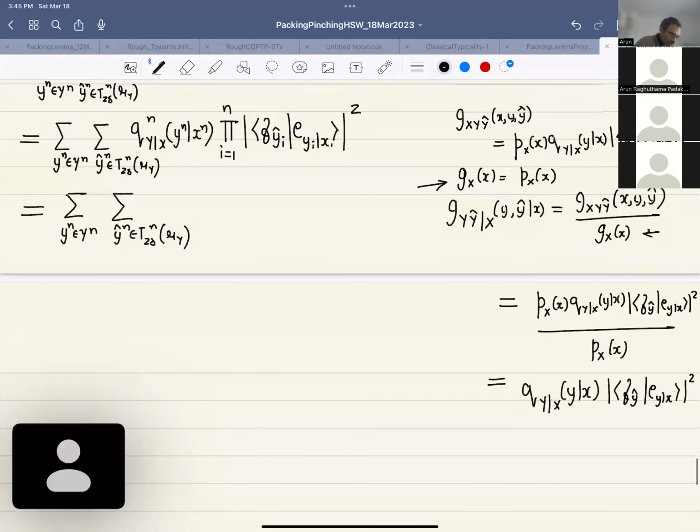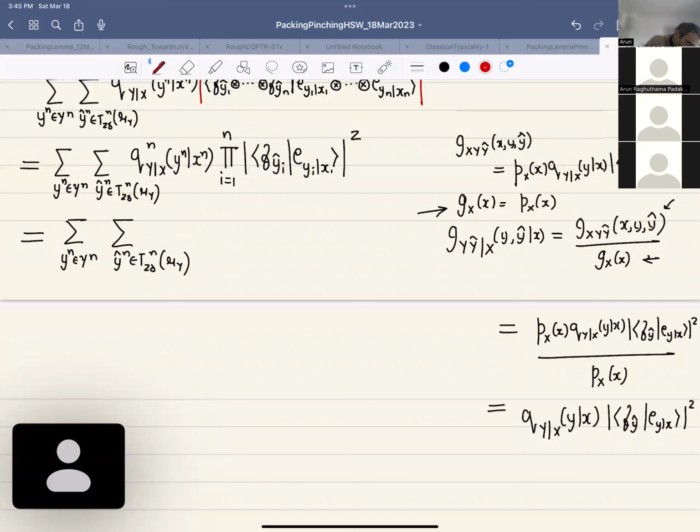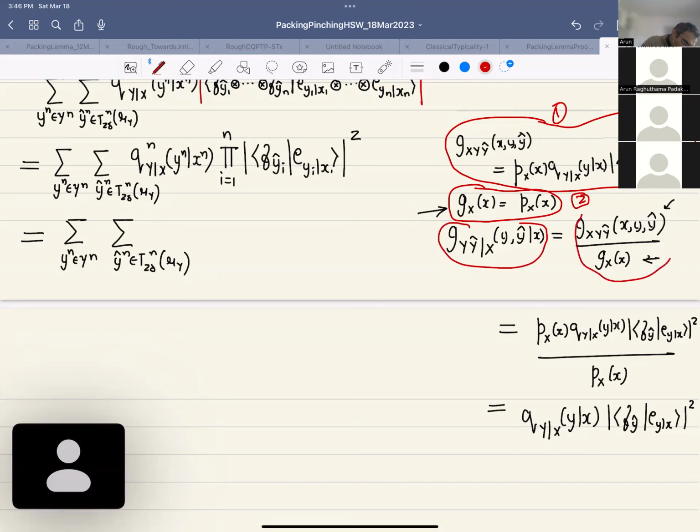Do you agree? So let me go over each one of these steps once again, just stare and listen. So this is my definition. If I do the marginal, gx marginal, I get this. This is 2. This is 1. Now let me compute this quantity. By definition, this is total divided by the conditioning variable. For the numerator, I substitute 1.